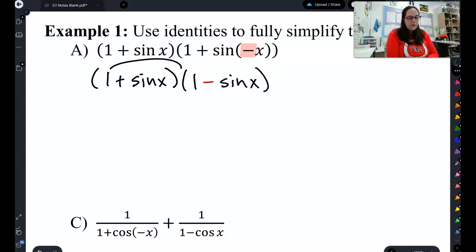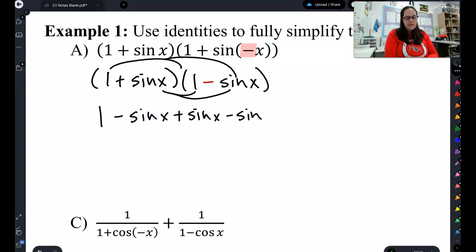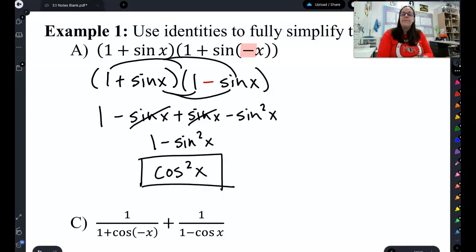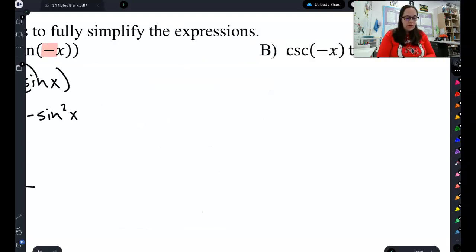I can FOIL distribute this together. 1 times 1 is 1. 1 minus sine. Sine times 1 is a positive sine. And sine times negative sine is negative sine squared. Those cancel. I get 1 minus sine squared of x, which we know from our Pythagorean identities is cosine squared of x. So there we go.